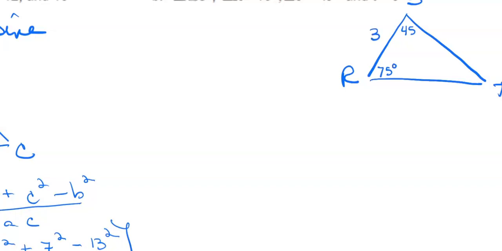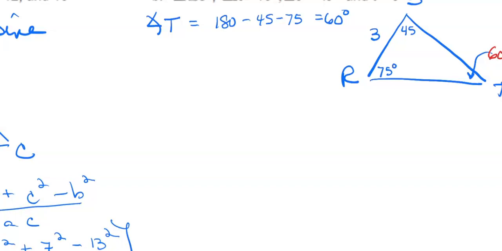Okay, so I'm missing angle T. You can get angle T by saying 180 minus 45 minus 75, and you should be getting 60 degrees. So angle T is 60 degrees.